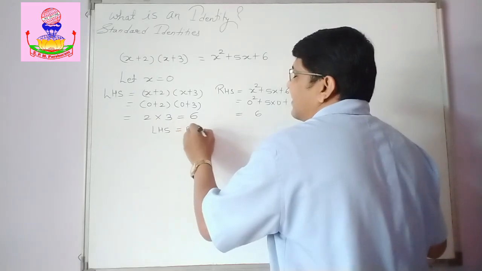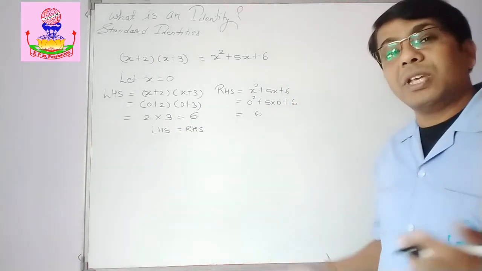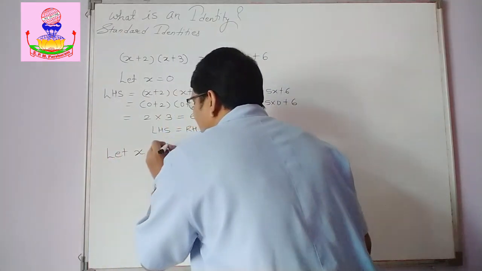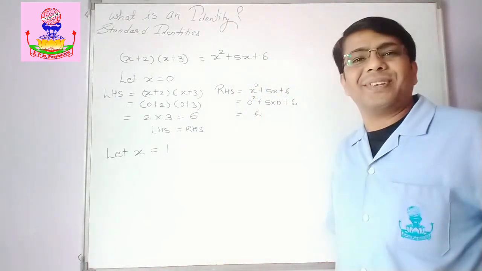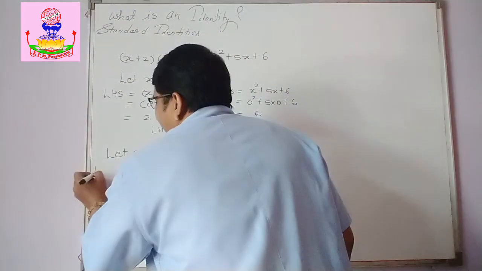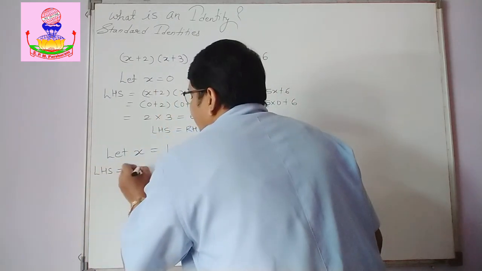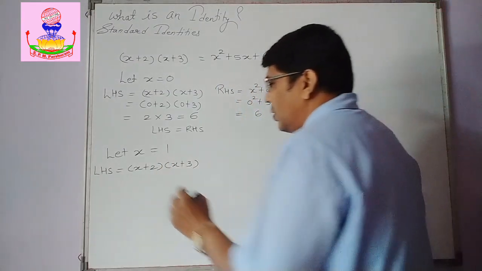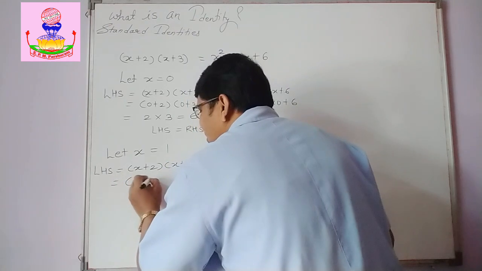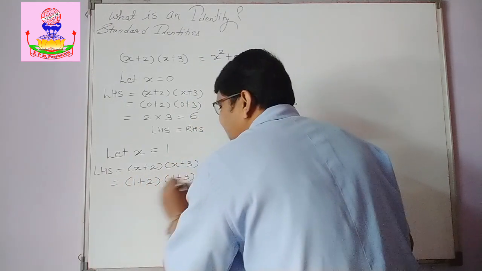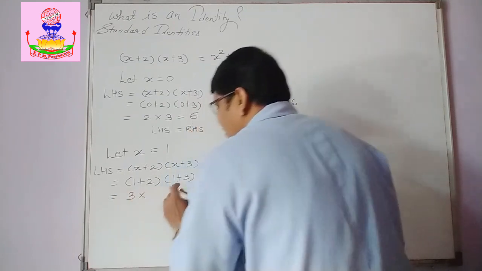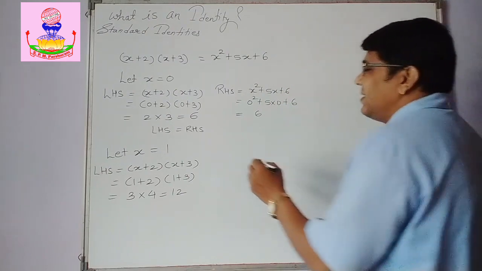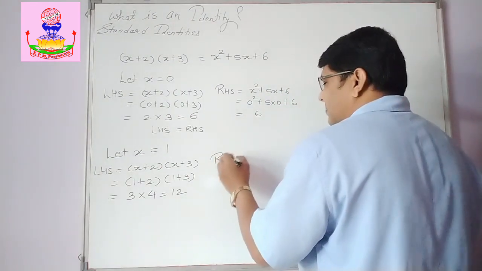So what do you get? LHS equals RHS. Now suppose I let x equal to 1. Let us see what happens. LHS is (x + 2)(x + 3), so 1 plus 2 and 1 plus 3. 1 plus 2 is 3 into 1 plus 3 is 4. 4 3s are 12.